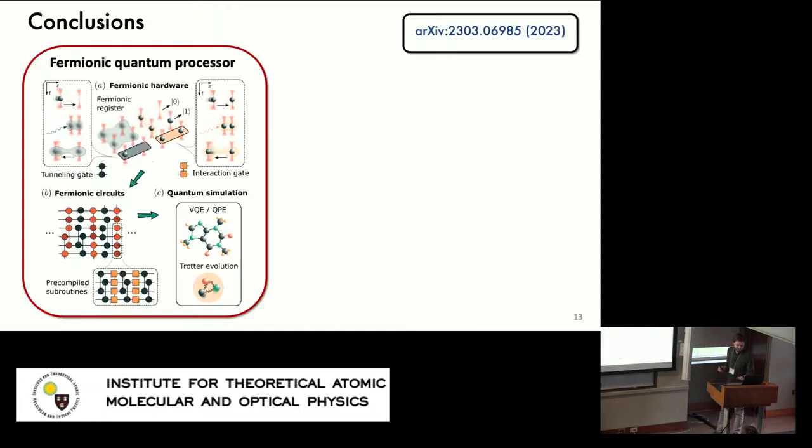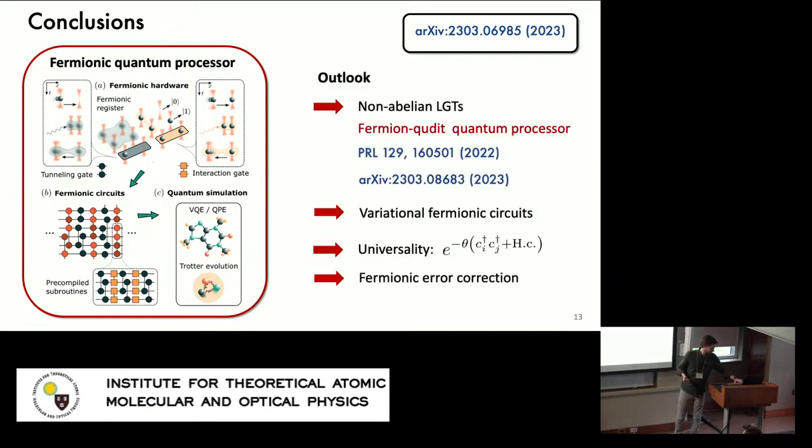But I hope I've convinced you that it's an intriguing idea in principle to upgrade these platforms to actually use the fermionic statistics as well. Let me briefly comment on what you have maybe already anticipated, my personal taste, where this might go.